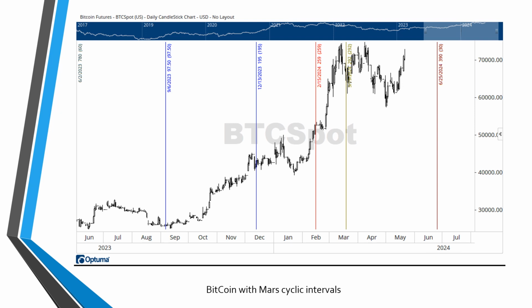And you can see that in September of 2023, at the 97.5 day increment, it aligned again to a very significant low.